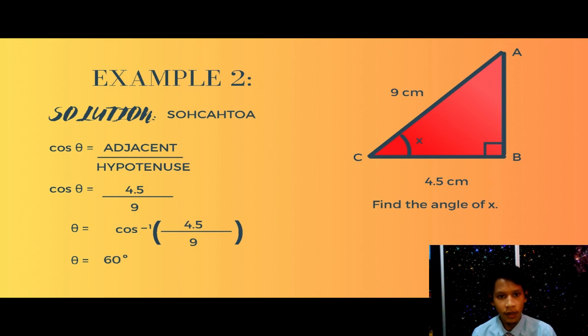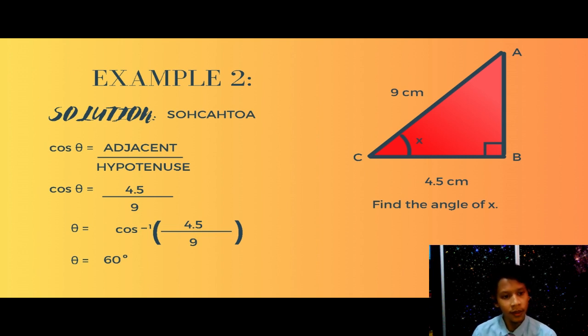We can use the most basic, that is sin, cos, tangent, for the solution of this example. In this example, we use cos because cos is adjacent over hypotenuse. That is, adjacent is 4.5 cm and hypotenuse is 9 cm.